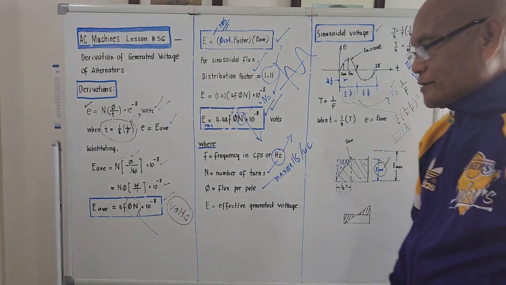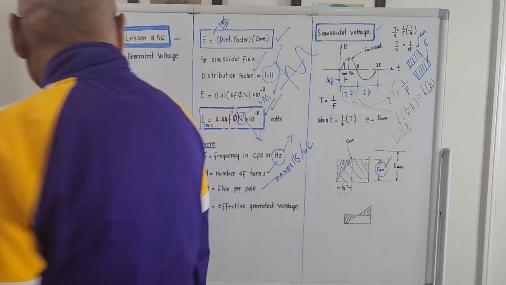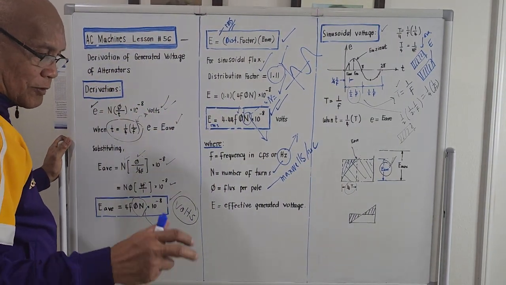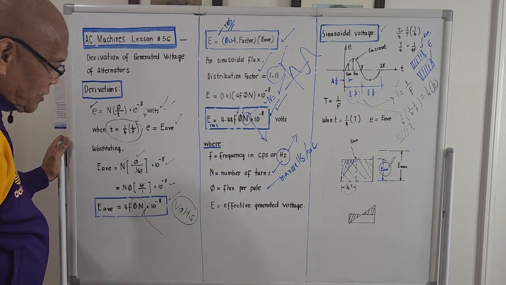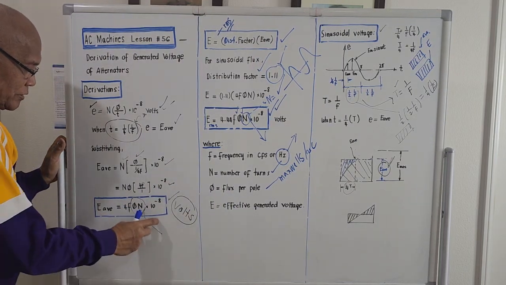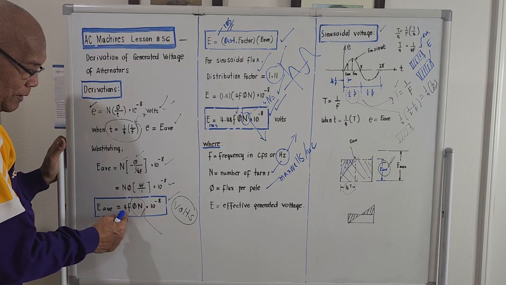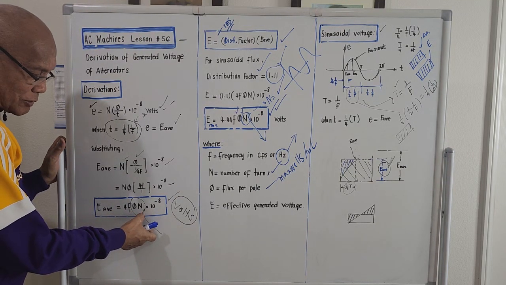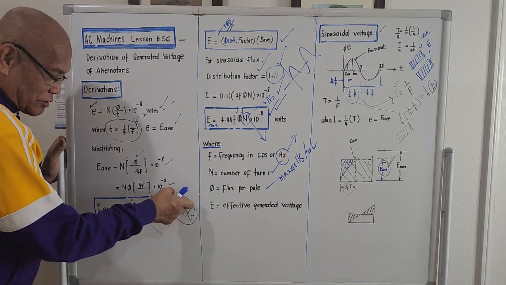Okay, that's it, guys. So actually we got two formulas for the voltage generated in alternators. For the average generated voltage, it will be 4 times frequency times flux times the total number of turns times 10 to the minus 8 volts.